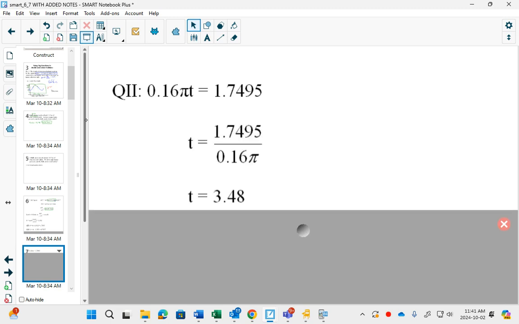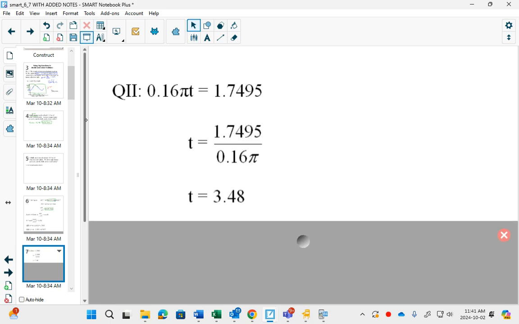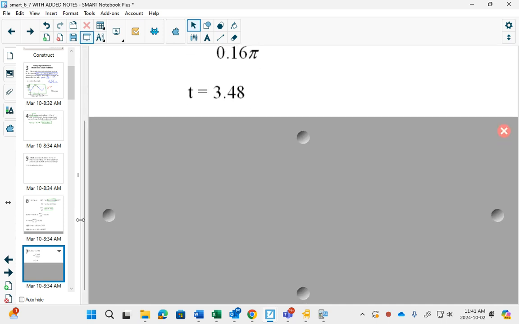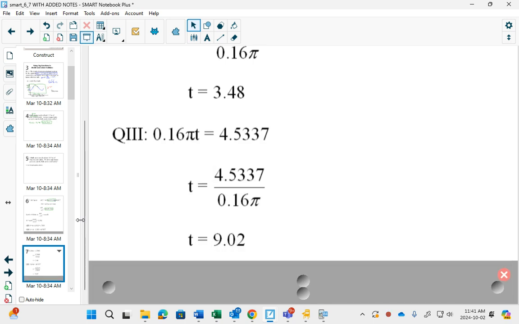I divide, and I get the 3.48, same as we got with our calculator. I do the same thing with the angle in quadrant 3, and I get the 9.02, same as my calculator. A little bit more involved.